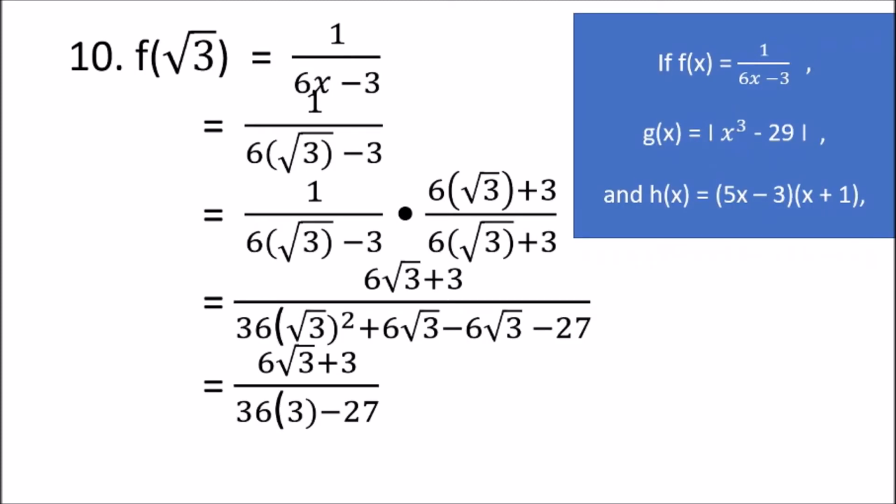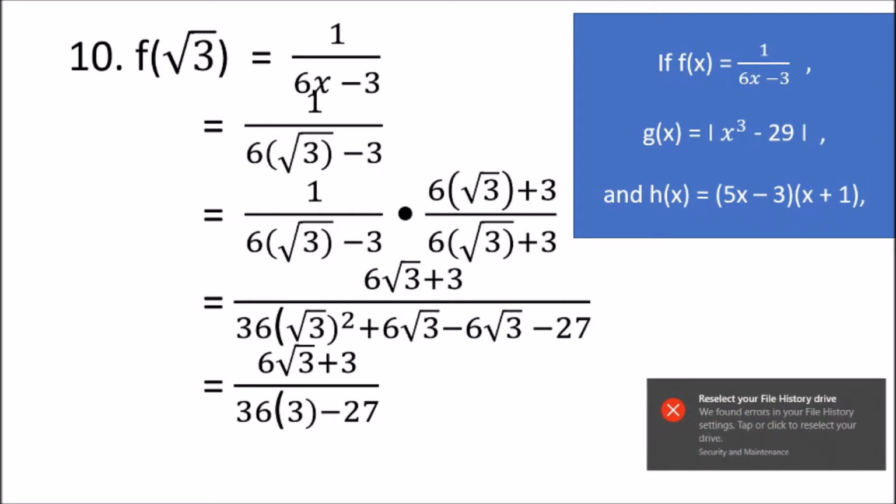For number 10. Since the denominator consists of a radical sign, we are going to rationalize the denominator in order to eliminate the radical symbol.